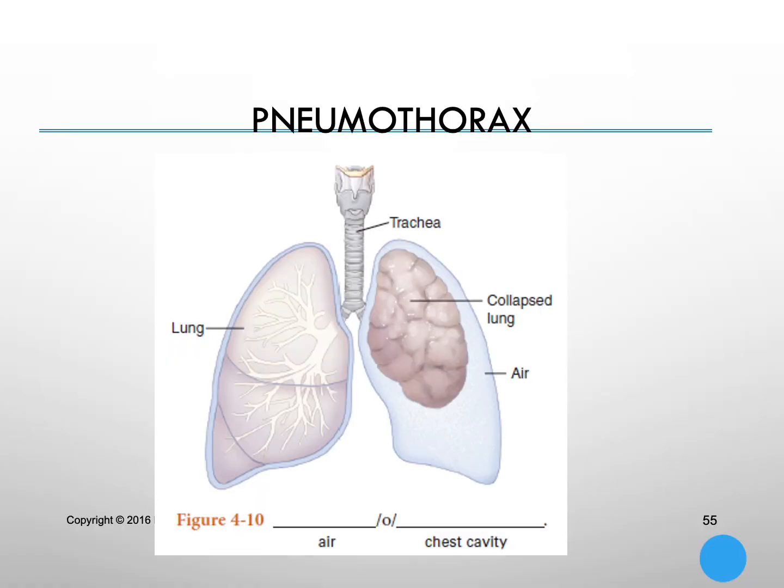All right, so here, pneumothorax, we have air inside the thoracic cavity, right? That is the characteristic of a pneumothorax. Pneumothorax means air in the chest cavity, and that is constricting the lung, okay?